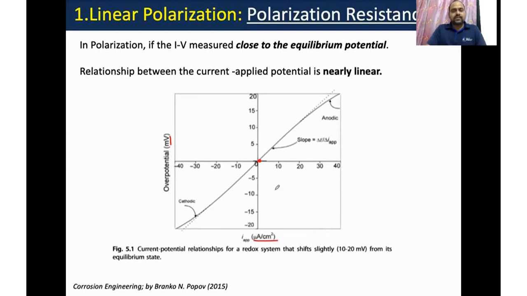So the meaning is once we apply a current, we get a potential, and if we plot this, within the small range of current we get a linear plot.